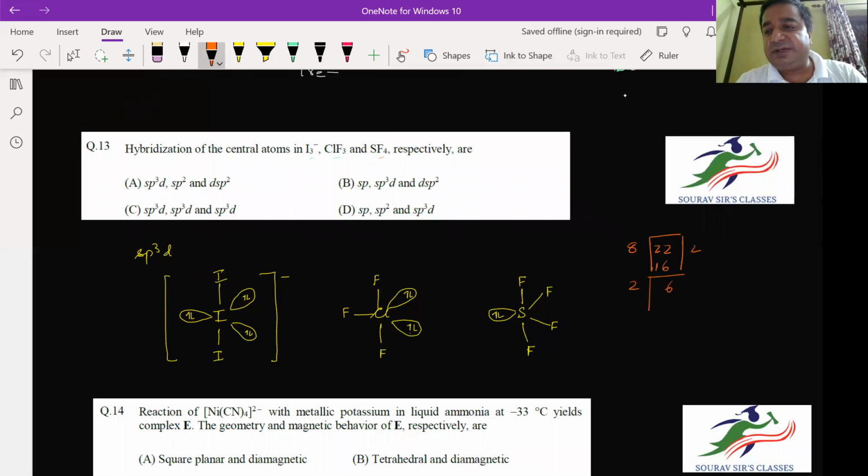This 6 you divide by 2, so you have 3. This 2 indicates bond pairs, and this 3 indicates lone pairs. So the total over here is going to be 5 electron pairs, which means the hybridization is going to be sp3d.